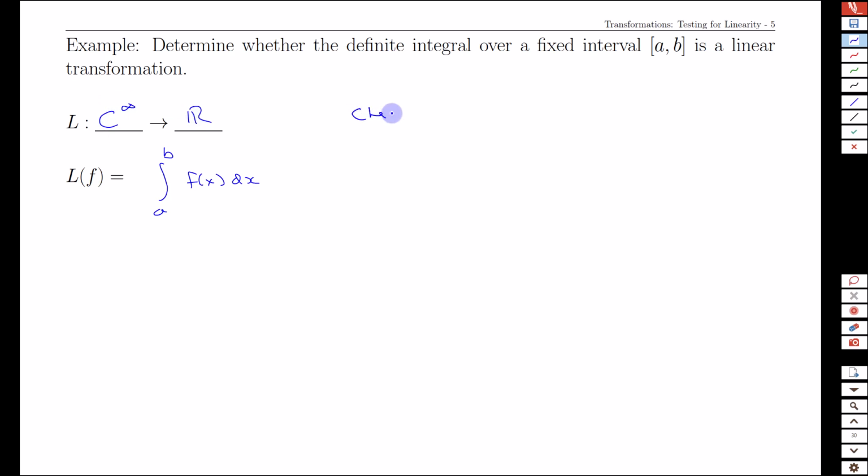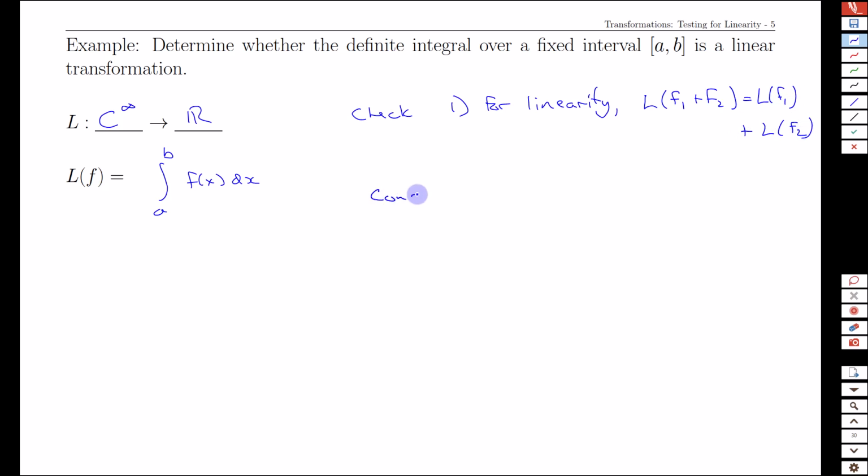And what we can do now is check the criterion. So we're going to check criterion 1 for linearity, and that is specifically that if I transform some function 1 plus some other function 2, we get the transform of them separately, added after the transforms.